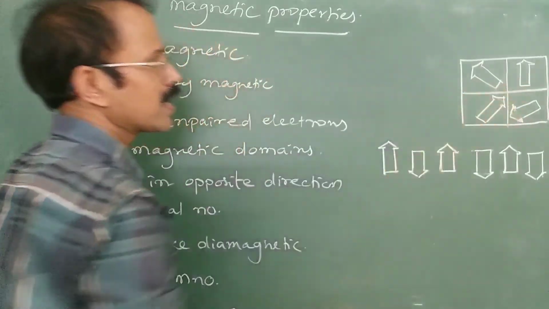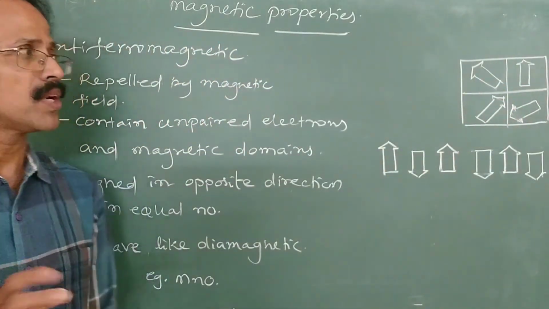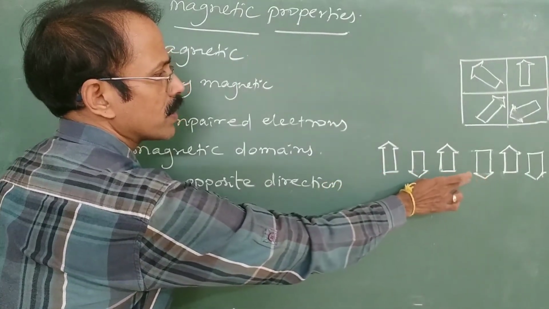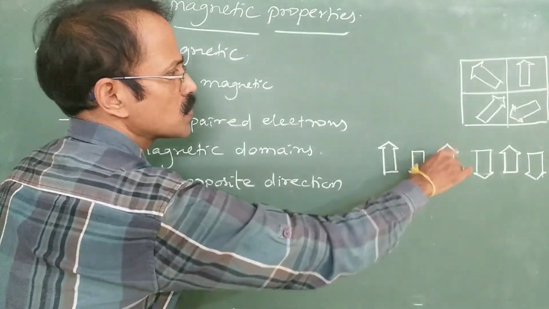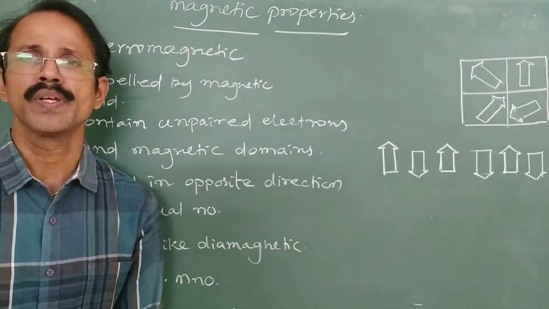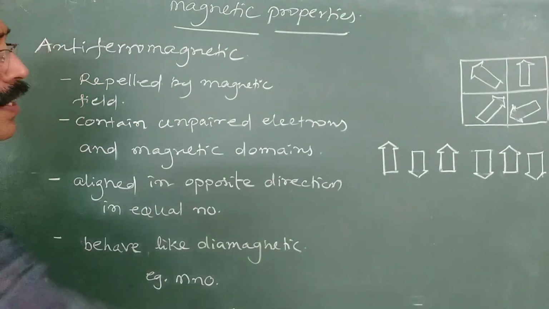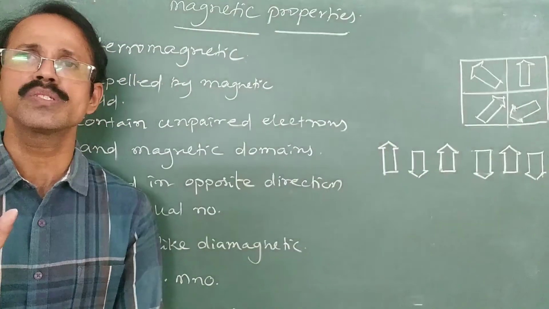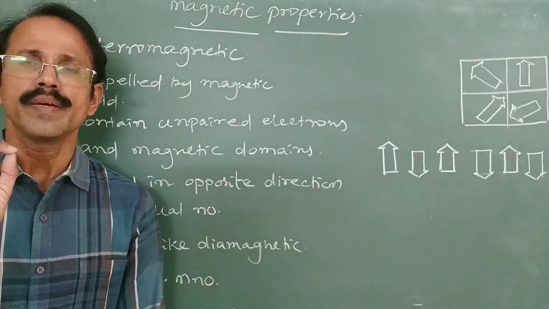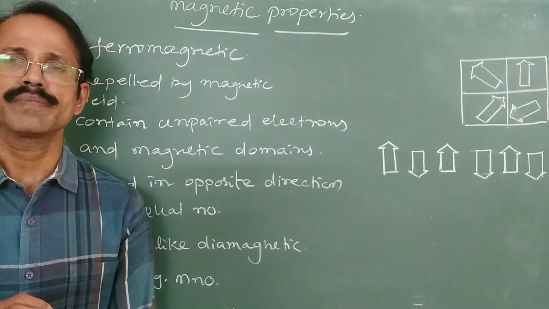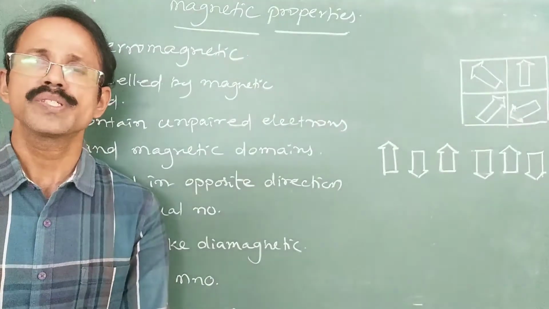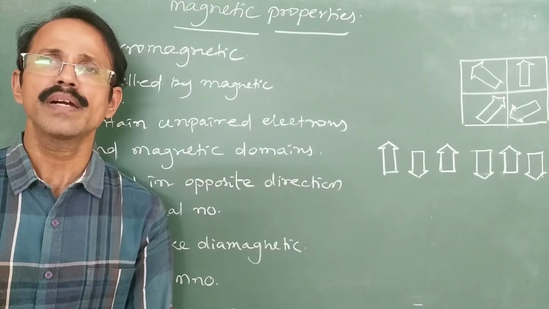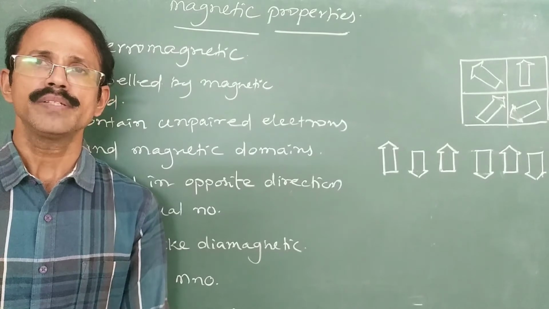There is random alignment in the absence of a magnetic field, but in a magnetic field they are aligned in opposite directions, like this, in equal numbers. So the magnetic moment in one direction is cancelled in the opposite direction, and the resultant magnetic moment becomes 0. They behave just like diamagnetic substances, right?